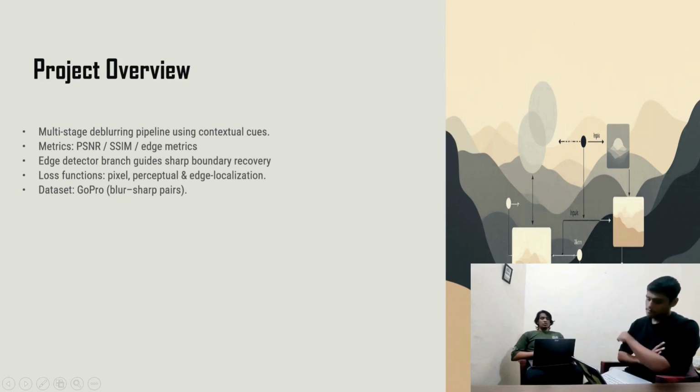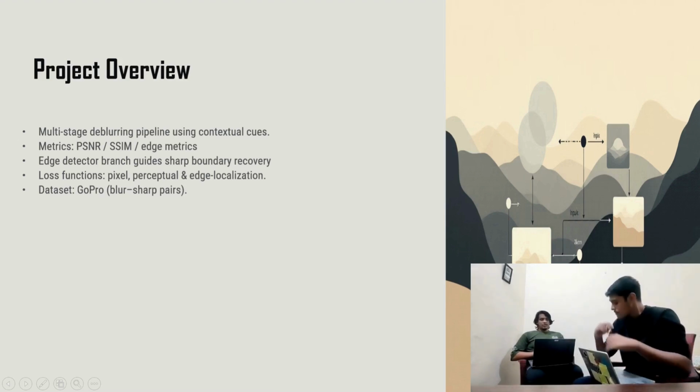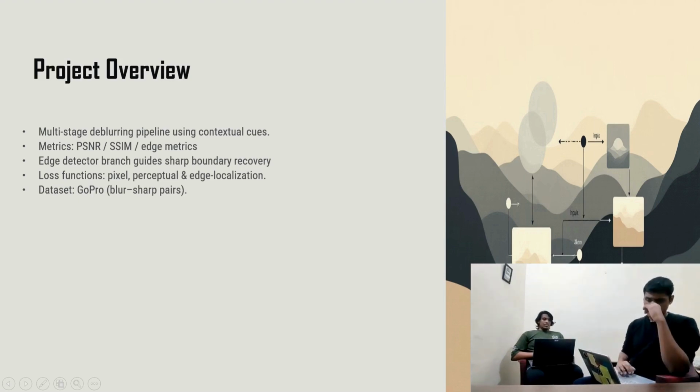Practically, use a core encoder-decoder backbone, which will inject an edge detector branch that guides reconstruction, and train using a mix of pixel, perceptual and edge localization losses so that the model learns to prioritize sharp boundaries over smooth regions.